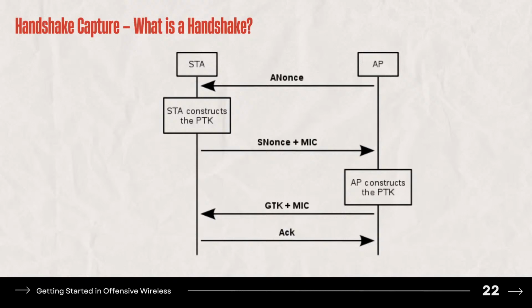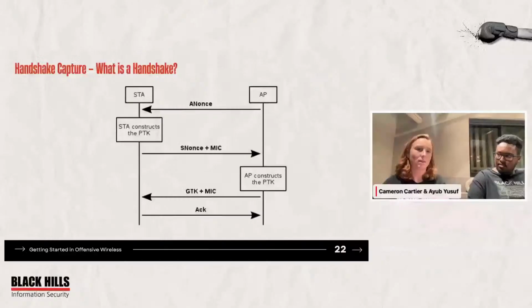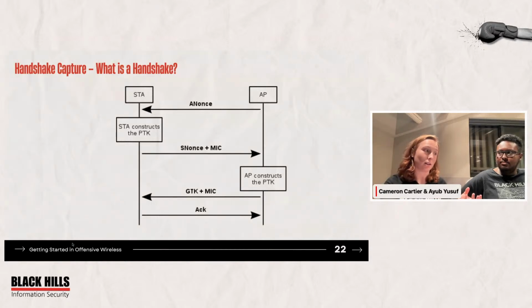Can we go back for a minute? Yes. One thing that's interesting and kind of important is there are two nonces, numbers only used once, and there is the pre-shared key and message integrity code that goes into that. The access point knows the legitimate PSK and the client knows the constructed PSK.